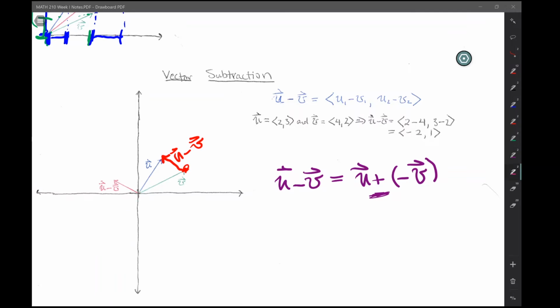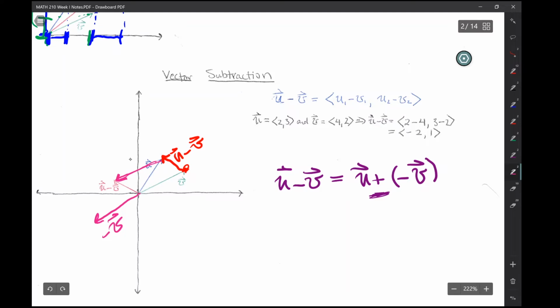So how would that look if we added it out? Well, we're going to get minus v over here. This will be minus v. It's just taking the vector v and flipping it, right, in the opposite direction. And then how do we add? Well, we could take the tail of minus v and attach it to the end of u. If I do that, I'm going to get the vector drawn like this.